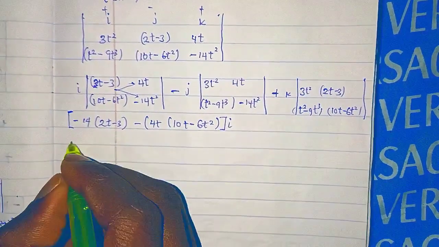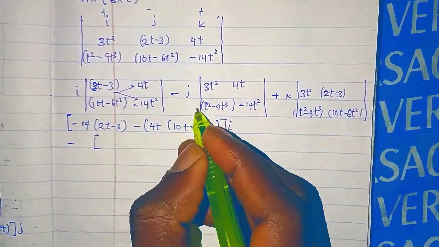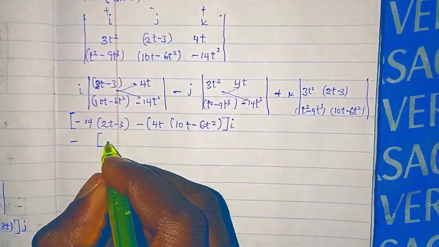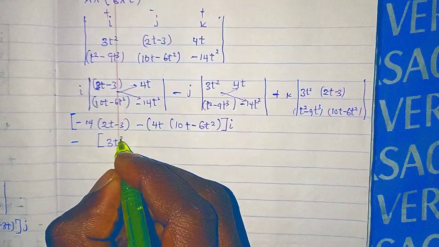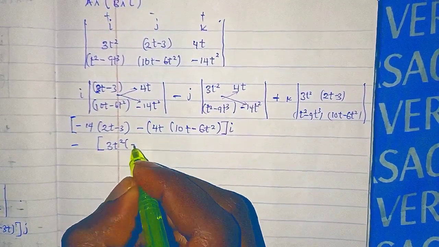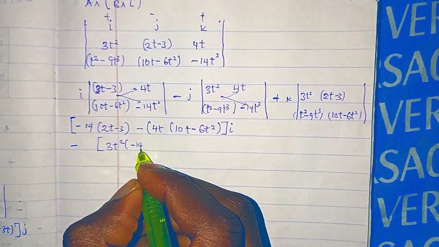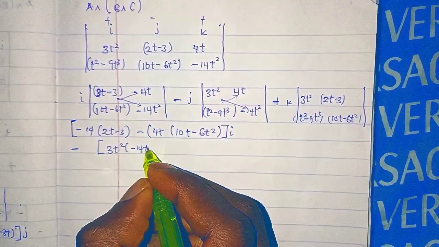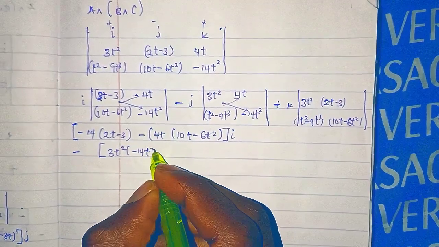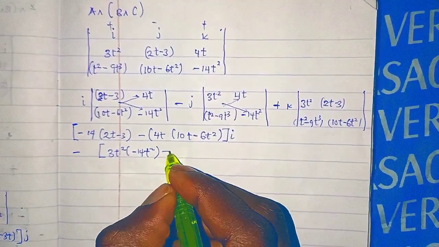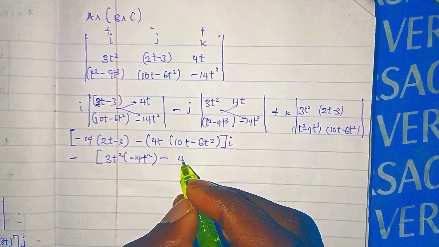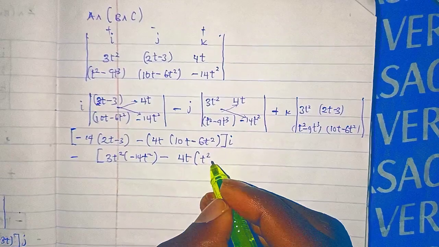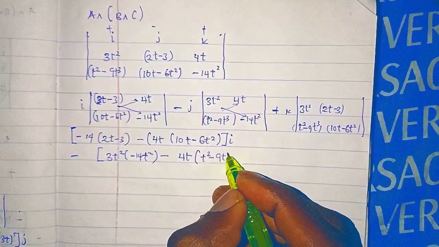So for j, there's a minus, and we'll say this product minus this product. So we're going to be having 3t squared into minus 14t squared, minus 4t into t squared minus 9t cubed.